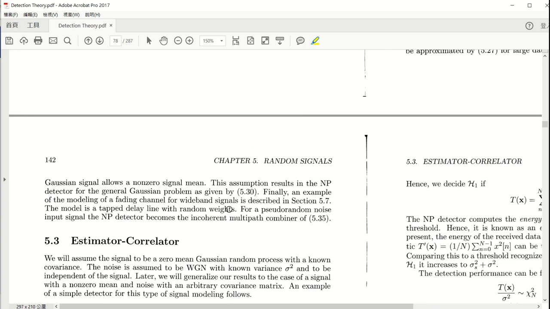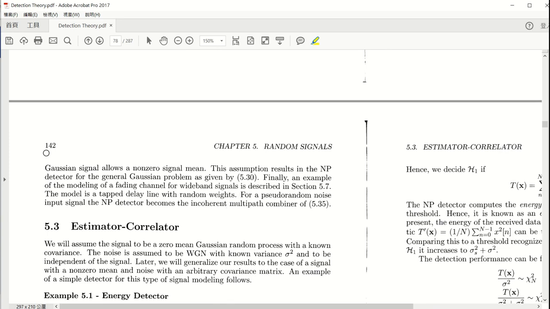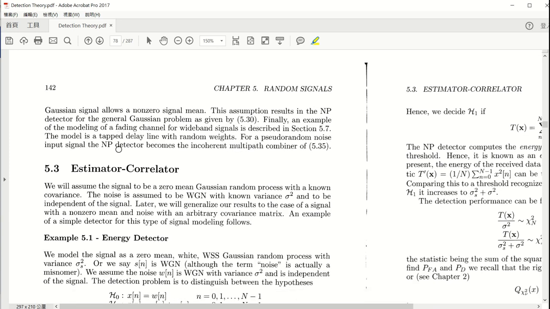Okay, so we are at page 142. In fact, chapter 5 is just the same thing as before, except the model of the signal is random. So the description of the problem is very simple.